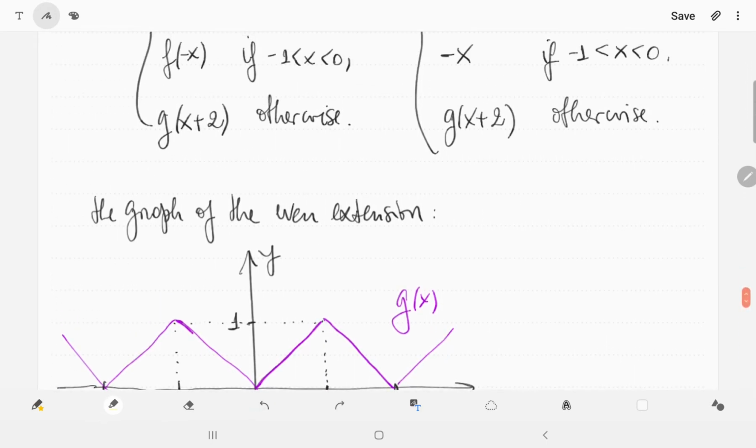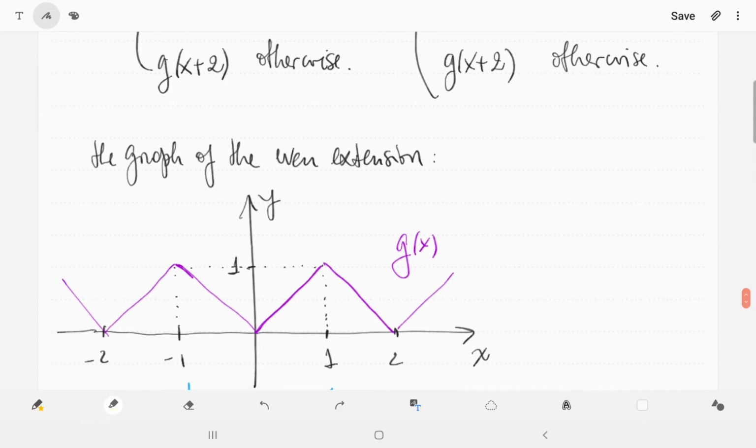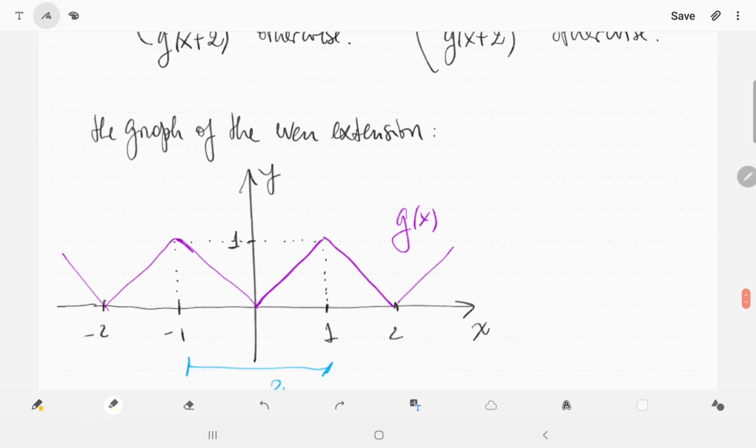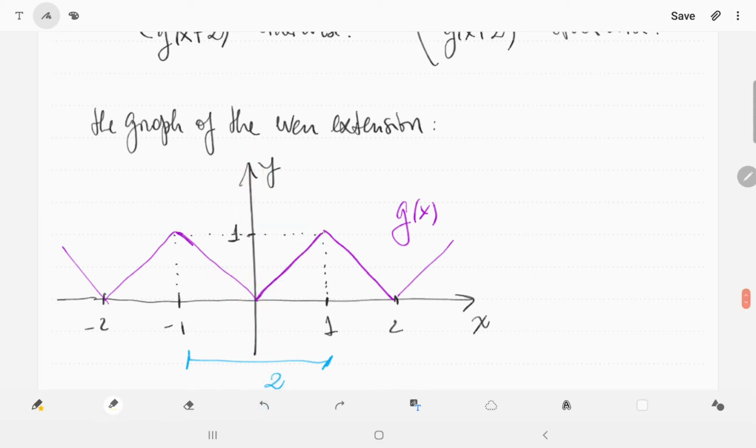And if we want to think about the graph of the even extension, as we were saying many times, we take the graph of f and we copy it in such a way that it's symmetric with respect to the y-axis. Then since the function is periodic, we just repeat this graph all over the line.